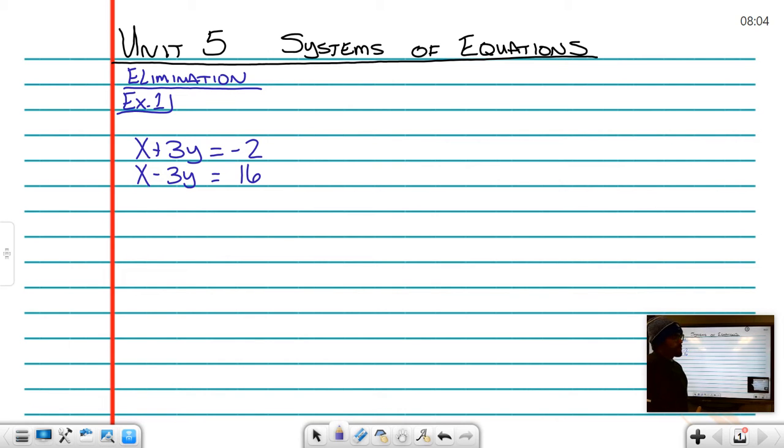So with elimination, we're looking to eliminate one of these two variables. Okay. And how do we eliminate them? Well, we're looking at opposites. So remember, positives and negatives are opposites of each other. All right. So like 3 and -3 are opposites. 7 and -7. Those are opposites. All right. So what we're going to do here is make sure that we have opposites either in my x or my y.